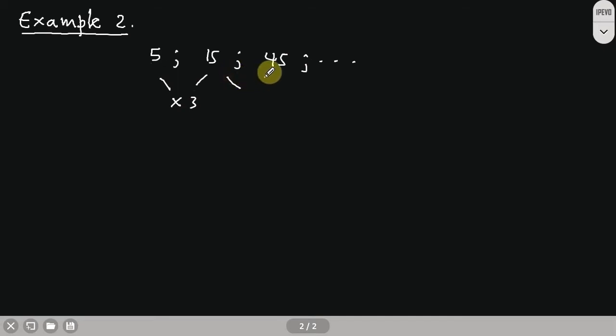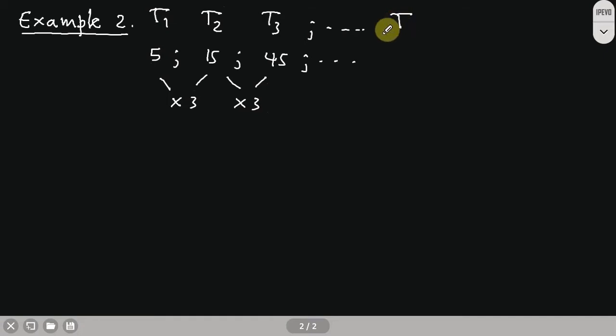And from 15 to 45, you multiply by 3. And 5 is also referred to as T1, 15 is T2, and 45 is T3, and so on.